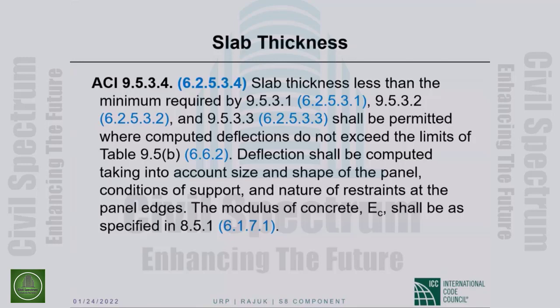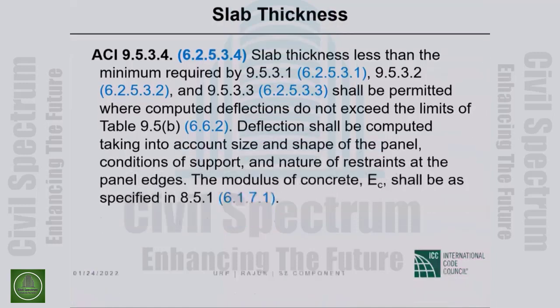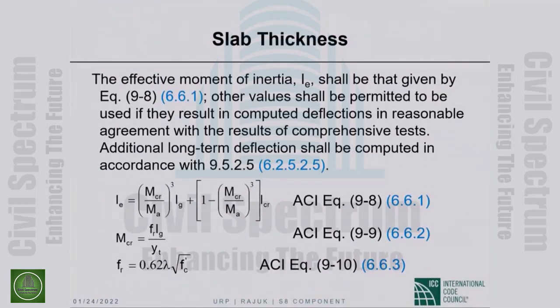But calculating the deflection of a two-way slab is infinitely more complicated than calculating the deflection of a beam. I'm not going to say it cannot be done, but it is difficult to do. So this is not an option that you should normally choose.